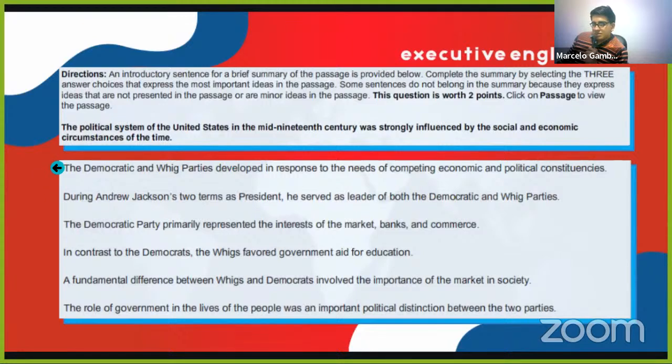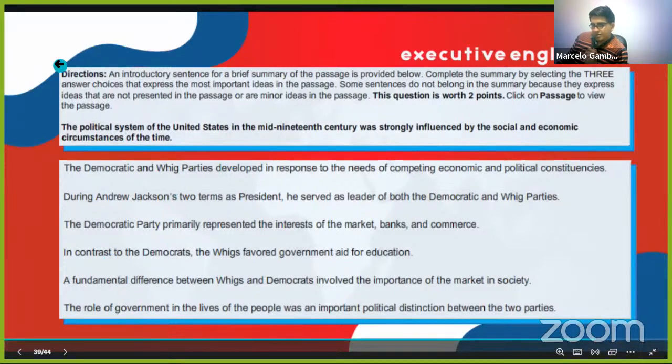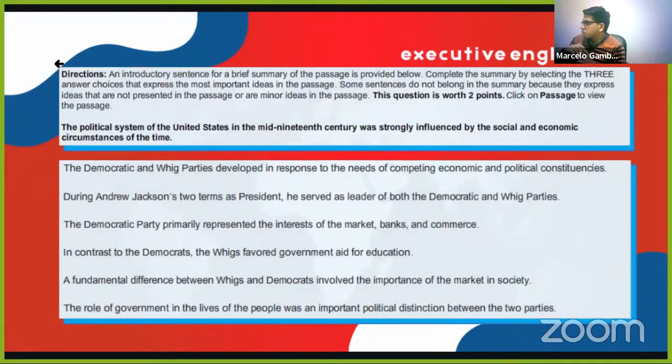So, which is true here? A, B, C, D, E, or F? We have just 3. Which of them are true? The Democratic and Whig parties developed in response to the needs of competing economic and political constituencies. Is this true?